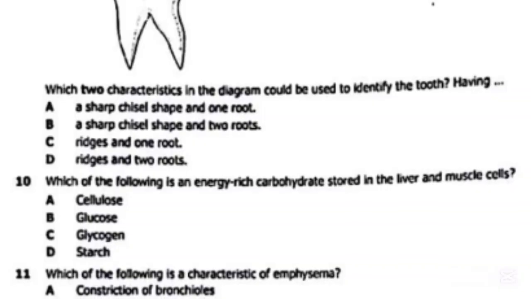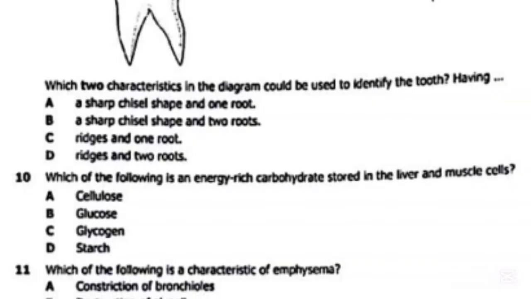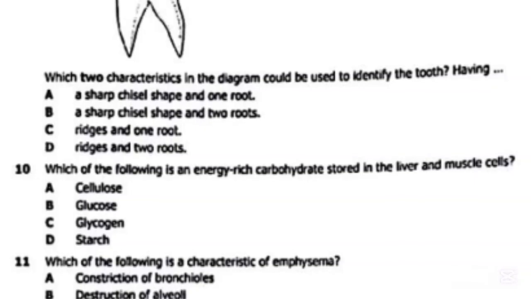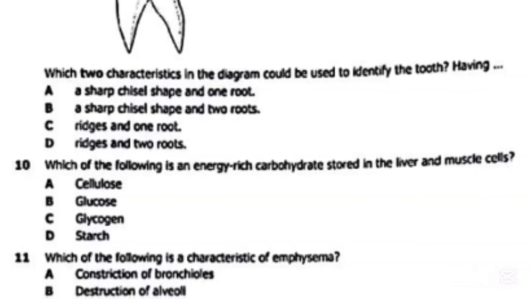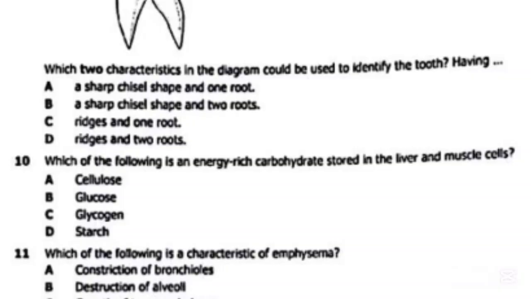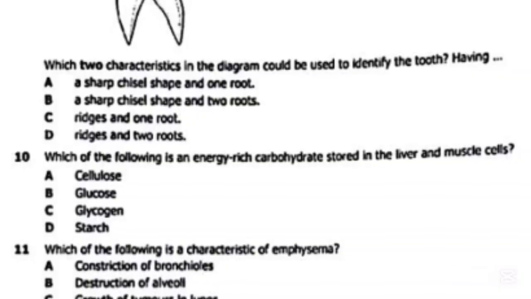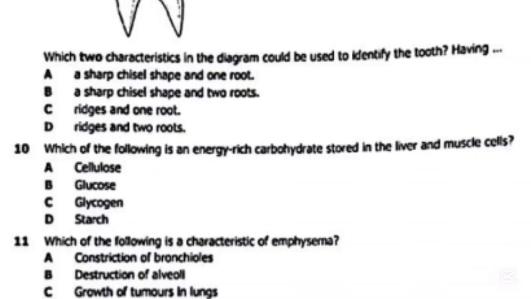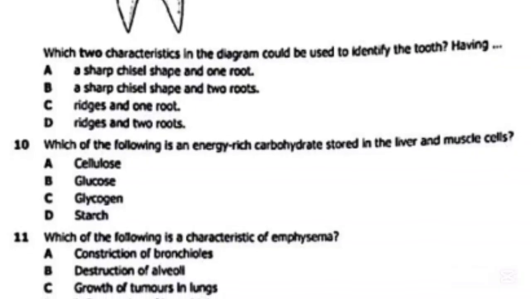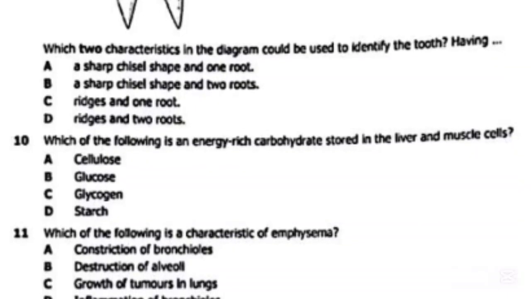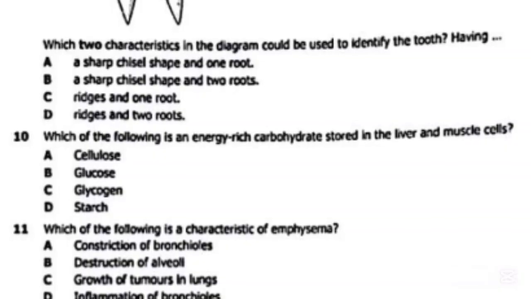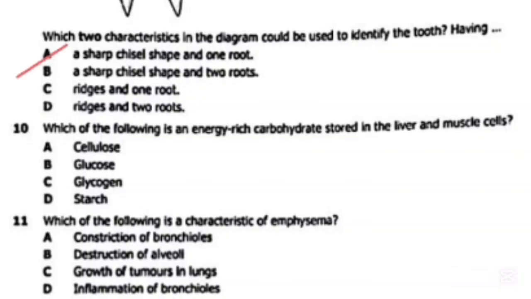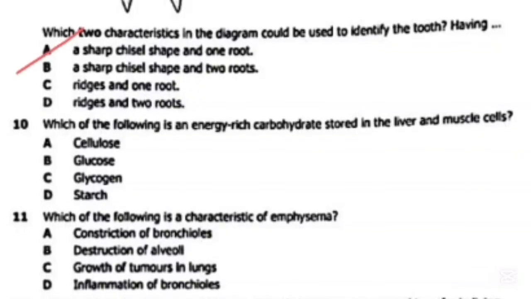So when you look at A, which has a sharp chisel and one root, and B, a sharp chisel and two roots, A and B are not describing the molar, but teeth which are used for biting and cutting. Why are we saying so? Because having a sharp chisel will be used to cut something. So A and B are wrong. They are not representing our image here, which is the molar.